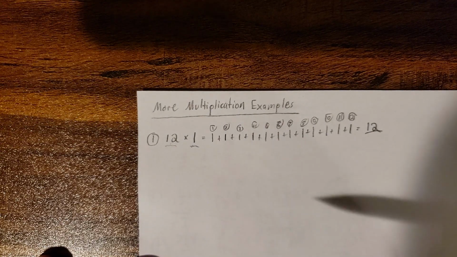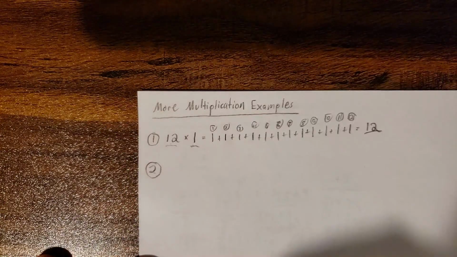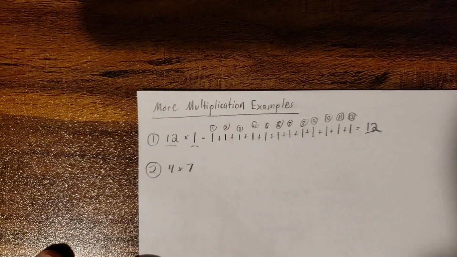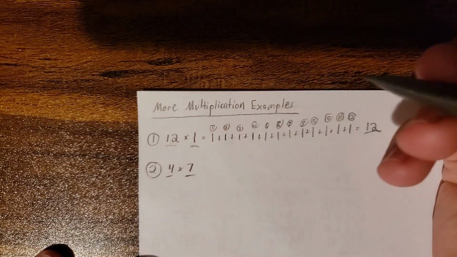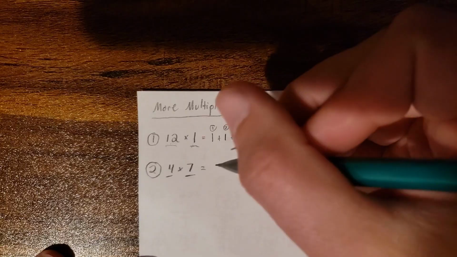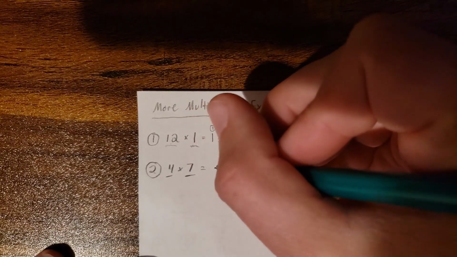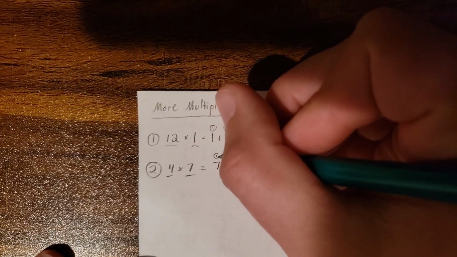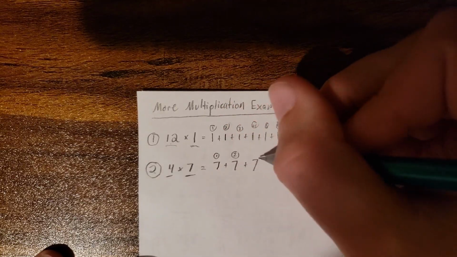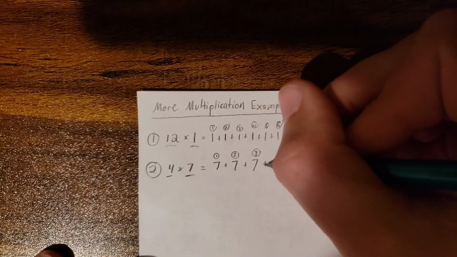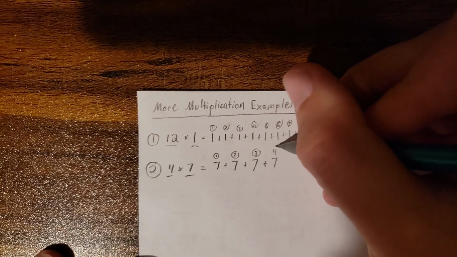So let's take a quick look at number 2. Number 2, we had 4 times 7. So we're looking for 4 groups of 7 to be added together as we multiply. So we'll have our first 7, our second 7, our third 7, and our fourth 7.